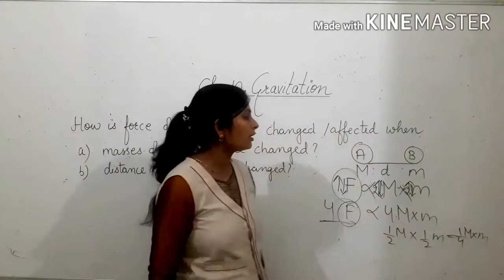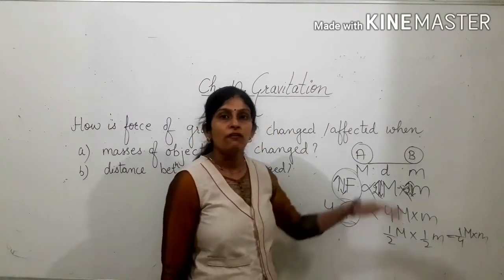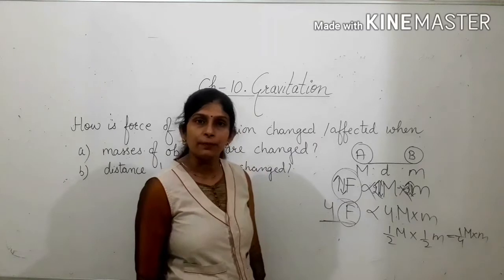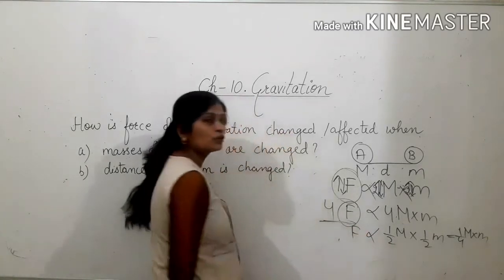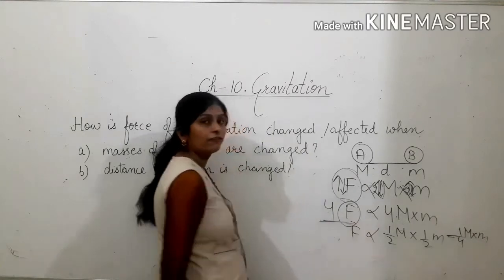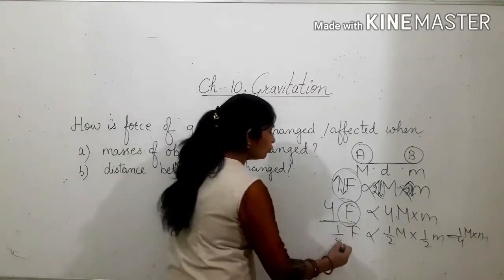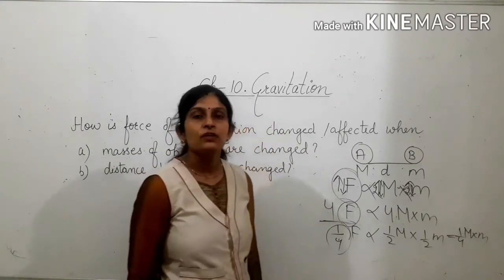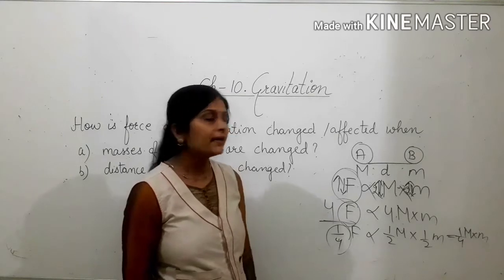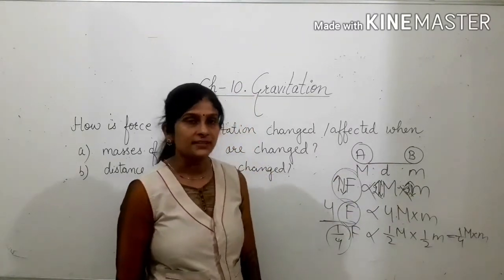So now the product of the masses is reduced to 1 upon 4 of the previous value, and since force is directly proportional to the product of the masses, it is also reduced to 1/4 of the former value. So this is the dependence of force on the masses of the objects.